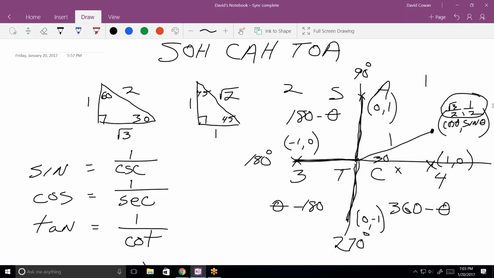And by common, I mean multiples of 30 and 45. 60 is a multiple of 30. And that will cover all your quadrantal angles. The way to memorize them really easily is the little technique I used here, where you figure out what the coordinates are, knowing that the x-coordinate is cosine and the y-coordinate is sine.